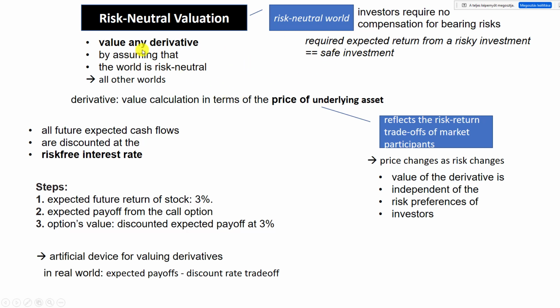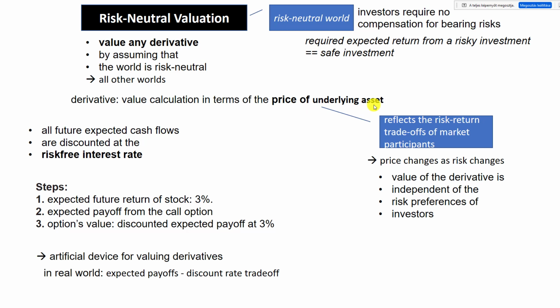So first of all, this risk-neutral valuation is used for derivative valuation, and in this case we can assume that the world is risk-neutral. Why? Because derivatives are always dependent on the price of the underlying asset.